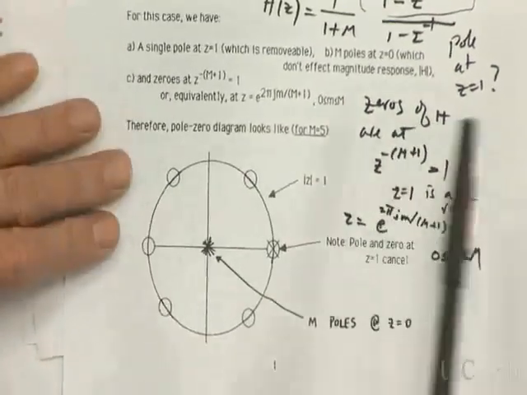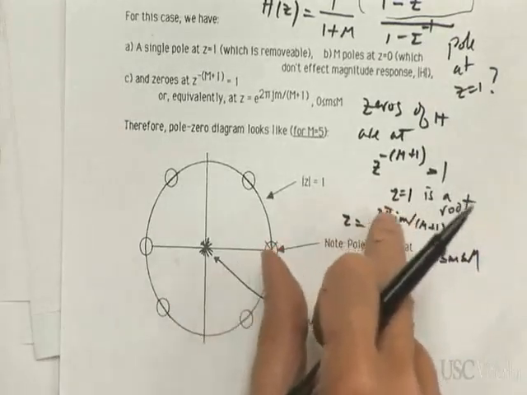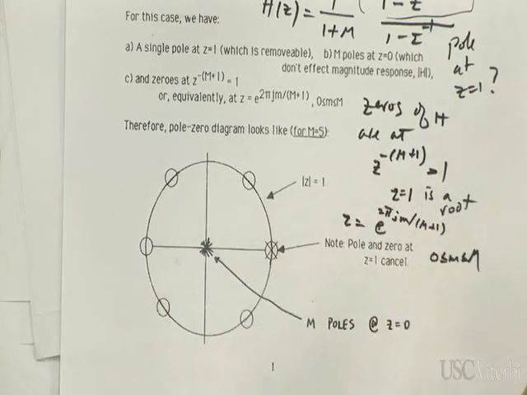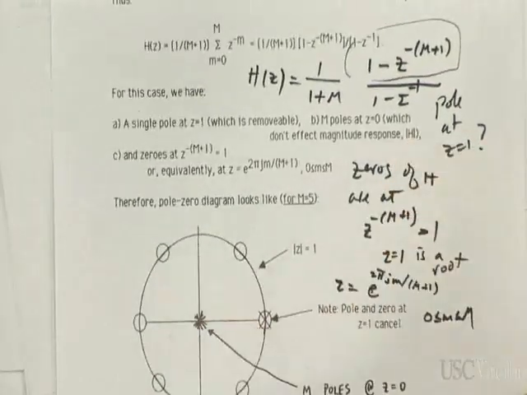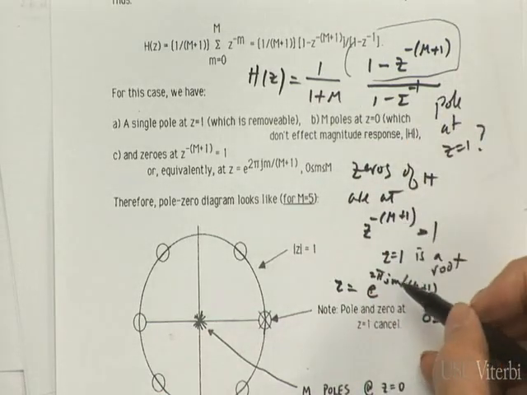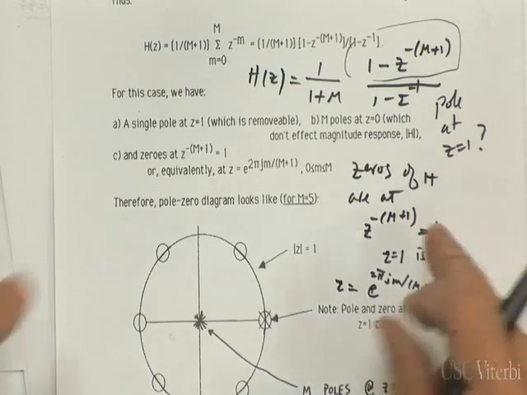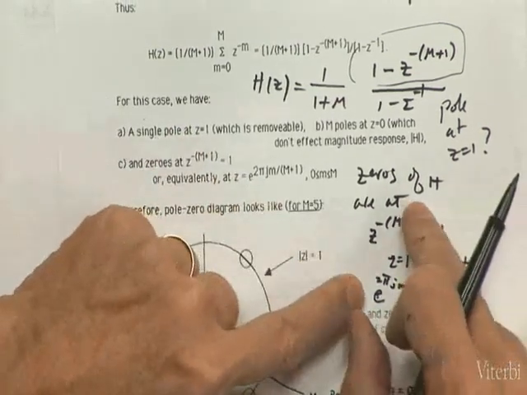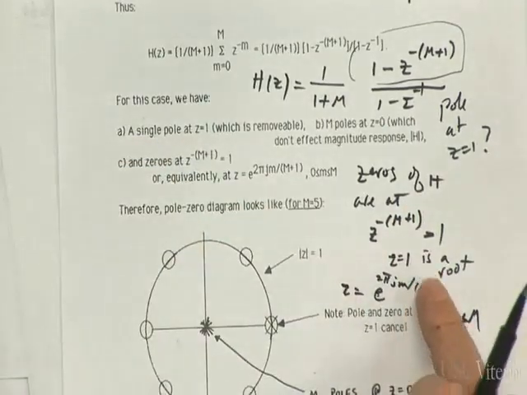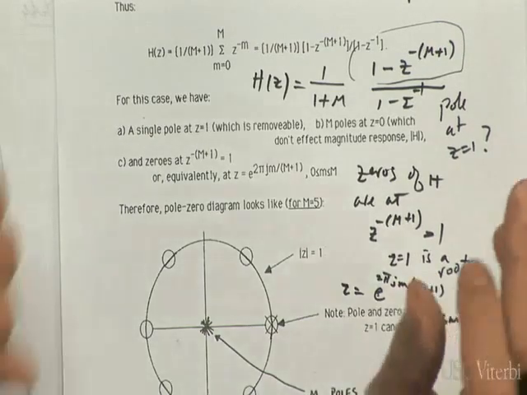These are all the roots of this. And you can see, suppose z was e to the 2 pi j over (M plus 1). Look what happens when you take that, with all of that in the exponent, and now take it to the minus (M plus 1) power. That cancels the M plus 1, and you're left with e to the minus 2 pi j, which is 1.